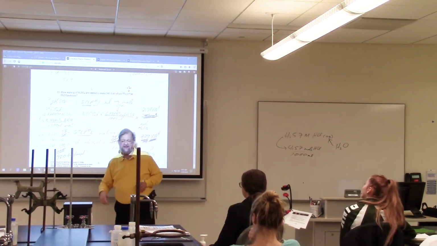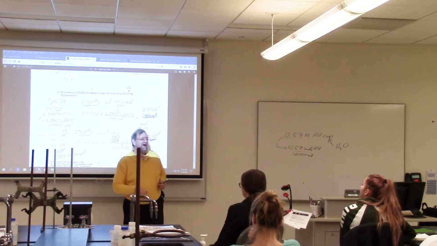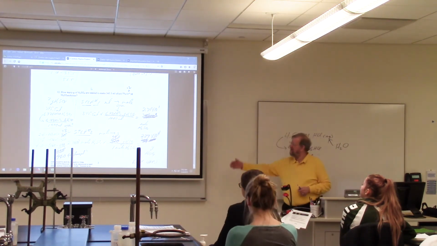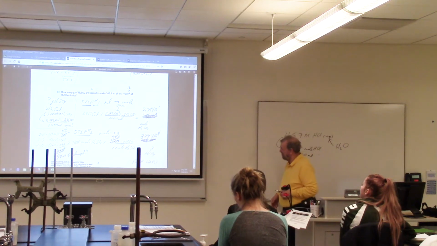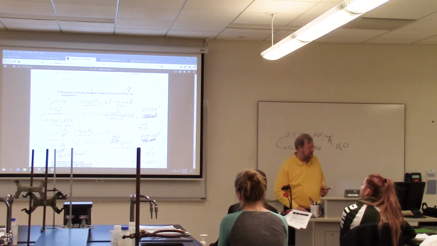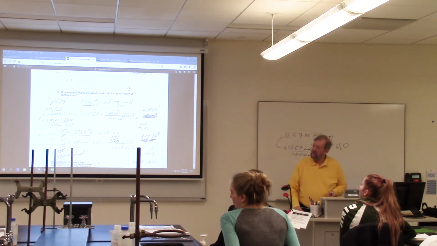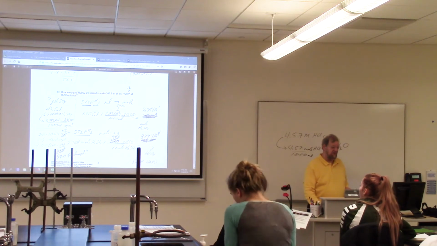You add it up correctly, and you get that number, put it in there, do the math, and that's the number you get. And this is how you do molarity, and use molarity to figure out how to make a solution by how many grams. You should know how to do this.